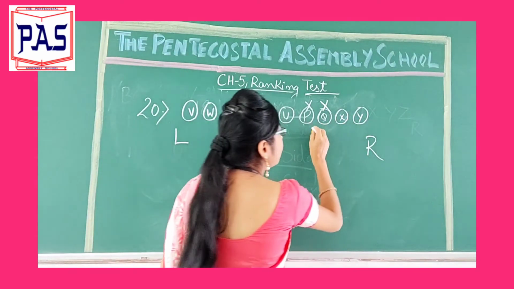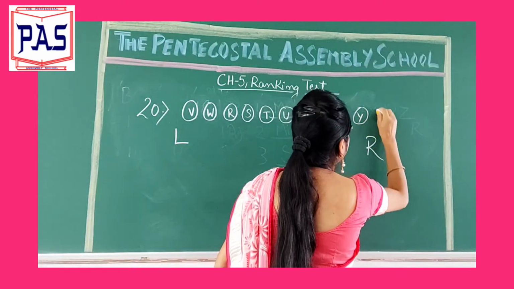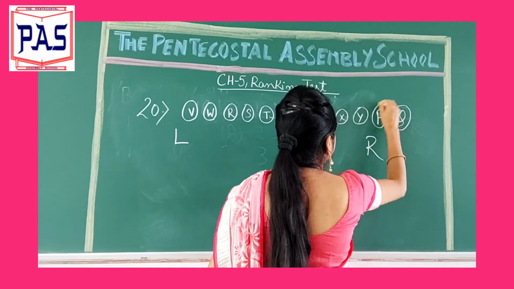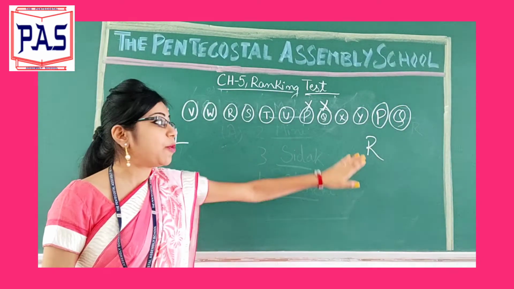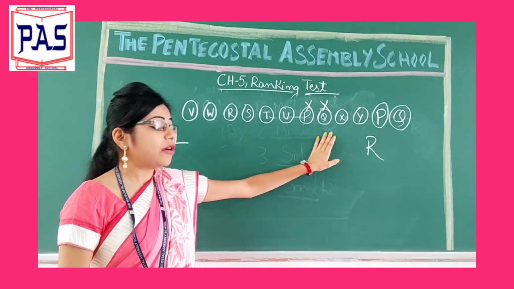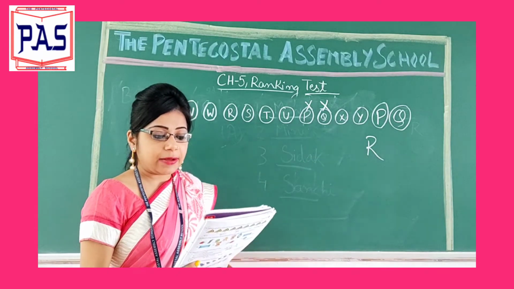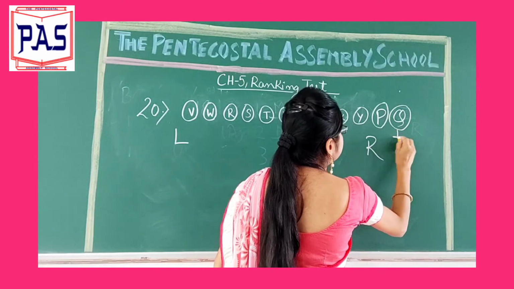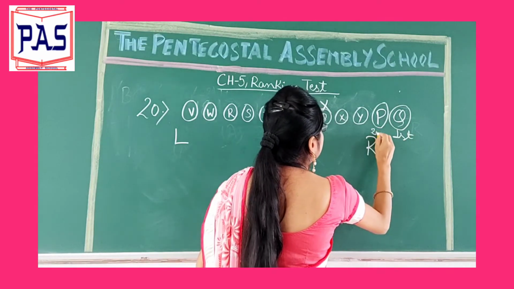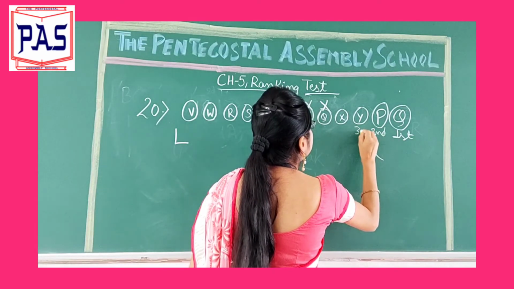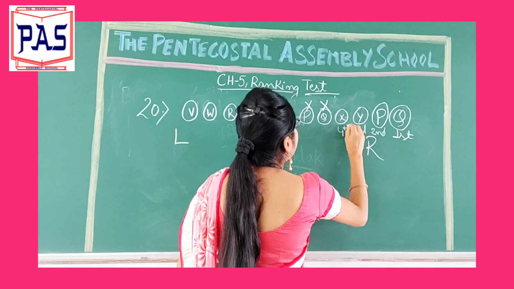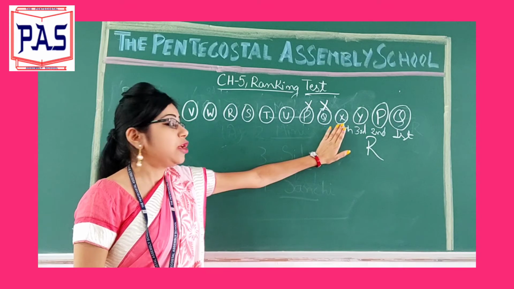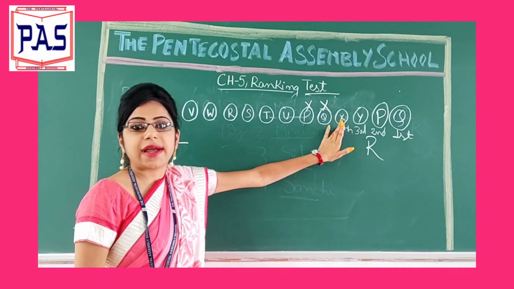So we are removing P and Q from here and keeping them this side. Then which ball is fourth from the right side? It means this one is first, second, third and fourth. So ball X will be fourth from the right side.